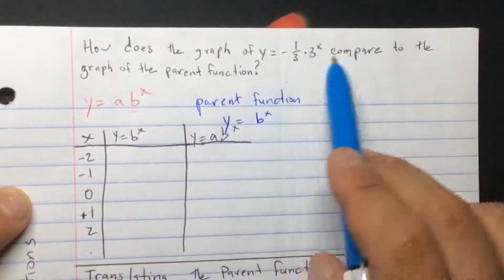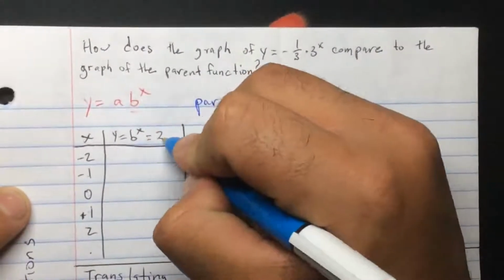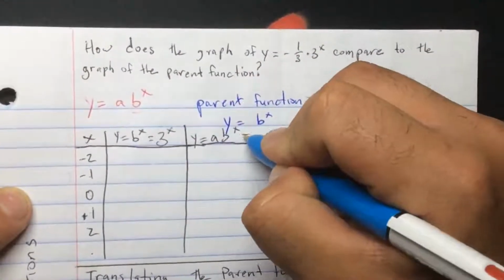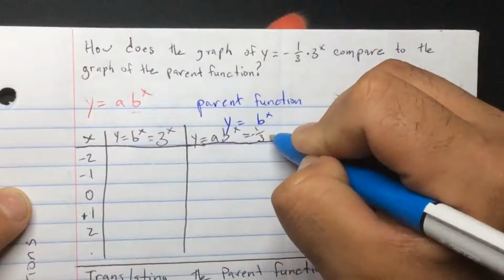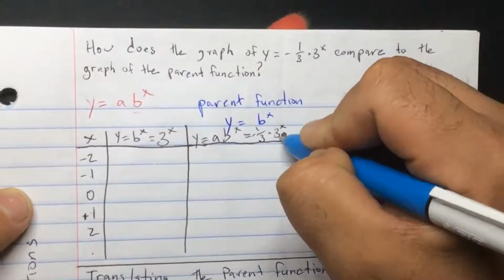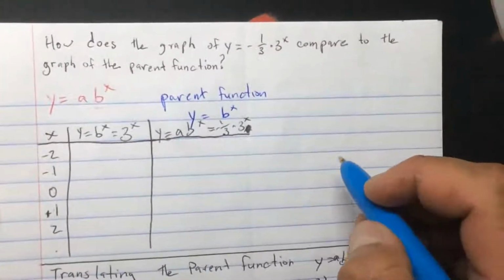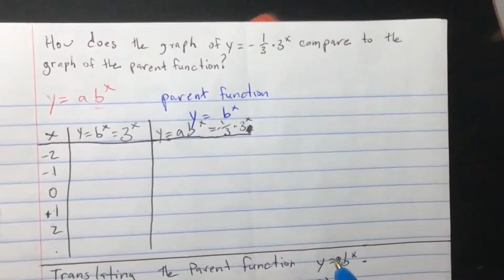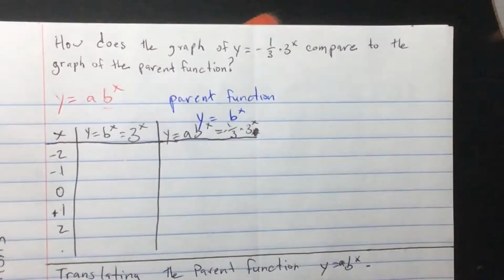Well, we're using this one here, so this is going to be equal to 3 to the x, and this one's going to be equal to -1/3 times 3 to the x.